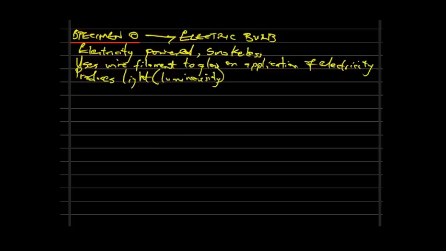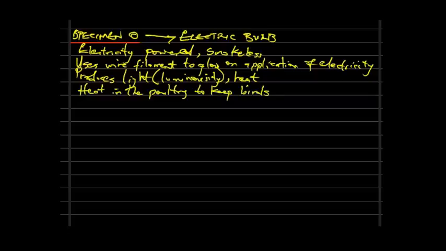It produces luminosity for the surrounding, and then heat that is used in poultry to keep the birds warm. So that is the major reason why we make use of electric bulb, particularly in the poultry.